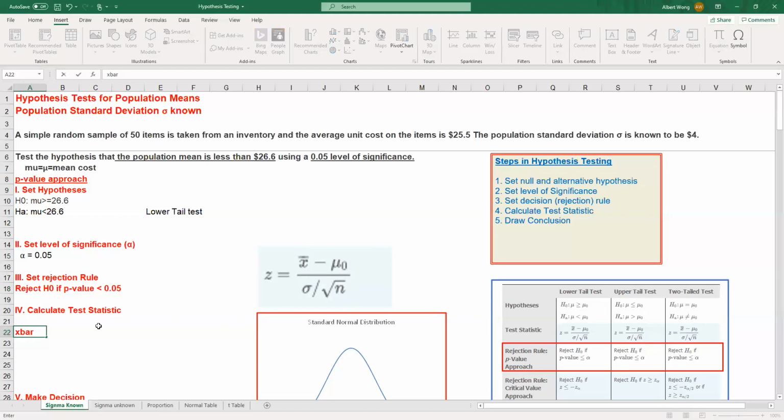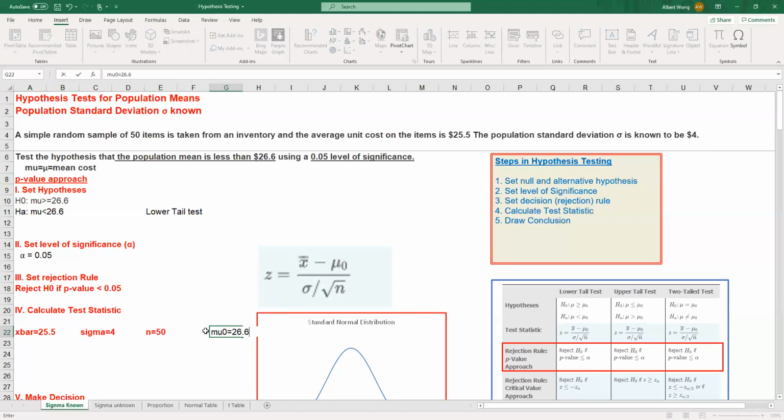So in our case, let's write down what we know. X bar from the data is 25.5. Sigma is given to us, equal to 4. N is the sample size, which in this case is 50. And mu0 is equal to 26.6.